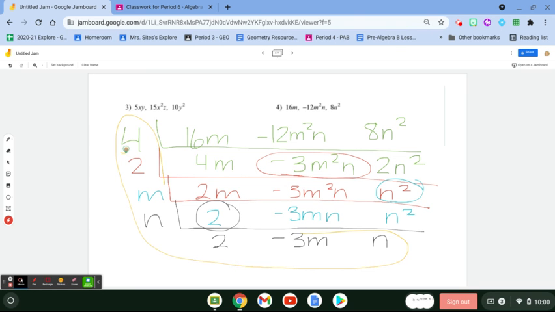So 4 times 2 is 8. 8 times 2 is 16. And 16 times -3 is going to give me -48. Then I'm moving on to the variables. So m times m is giving me m squared. And then the n's, n and n, give me n squared. So there's your least common multiple.